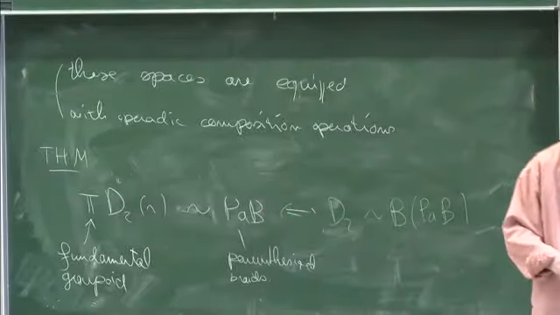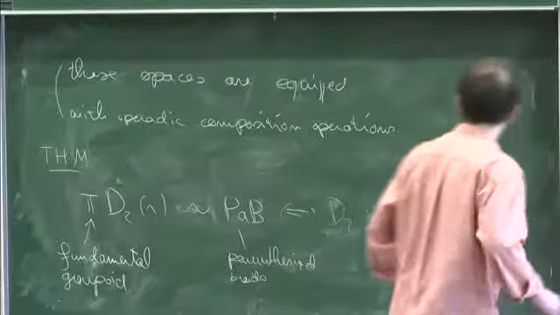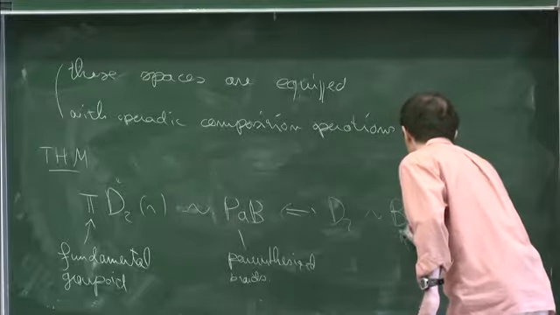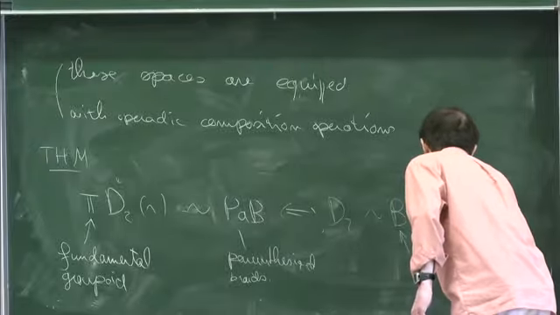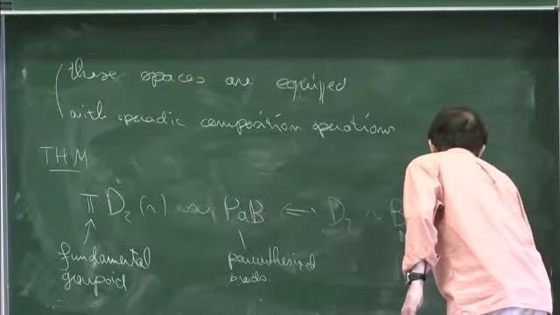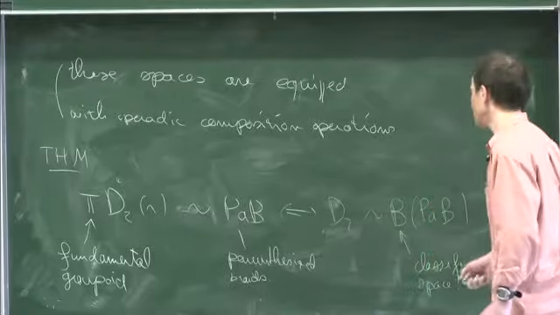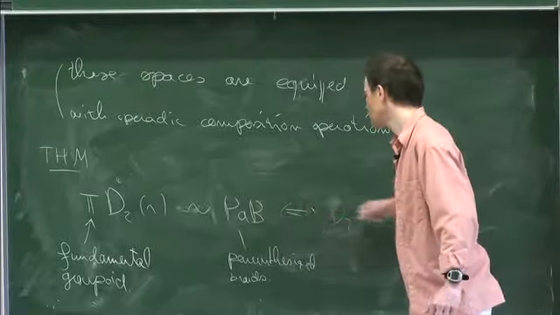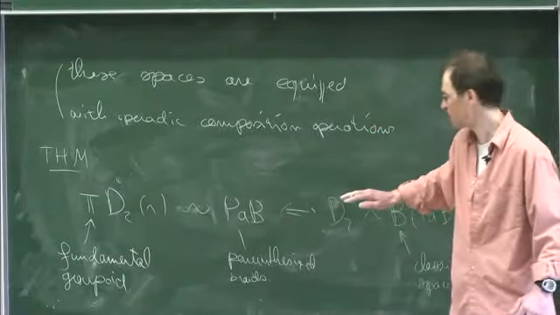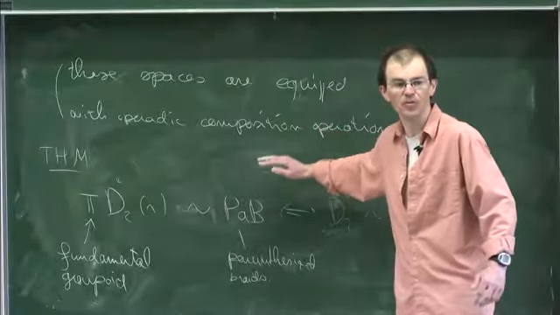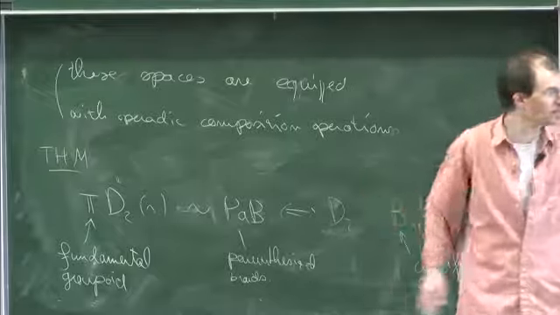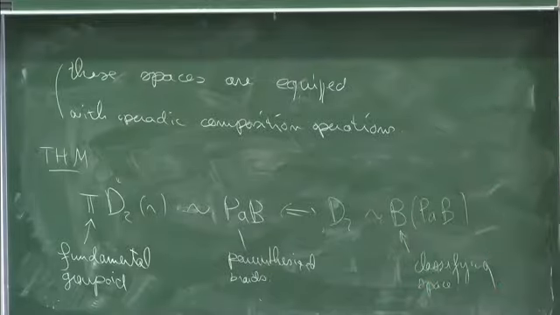So this B is the classifying space construction. This equivalence is classical for spaces, and it really extends to operads in topological spaces, I mean, to spaces equipped with such multiplicative structures.